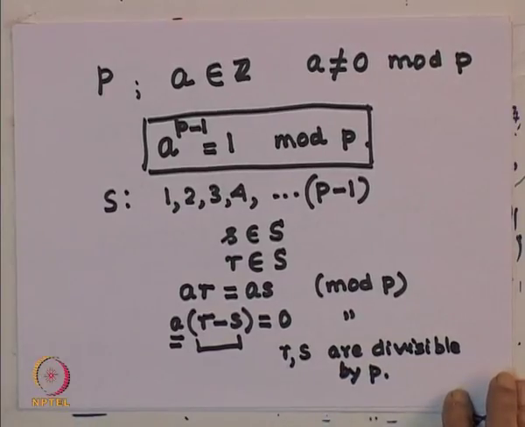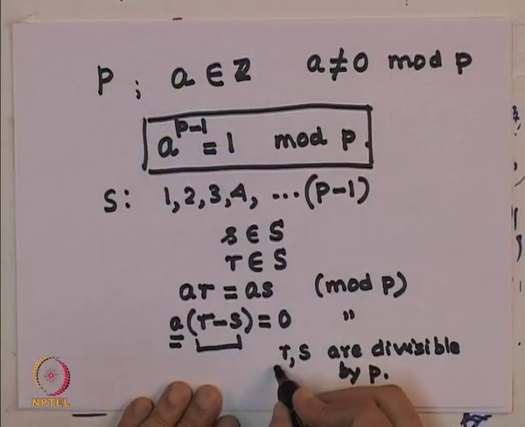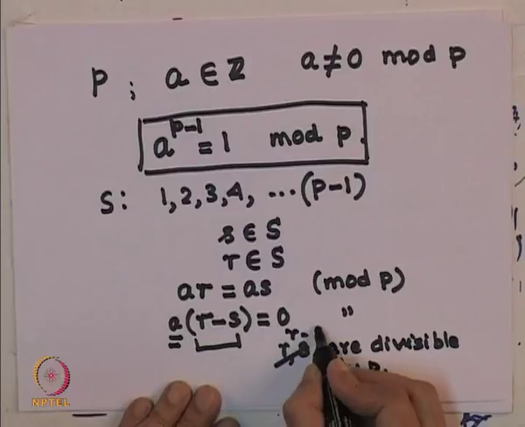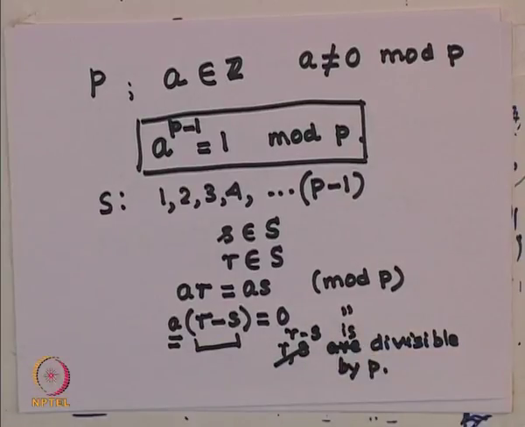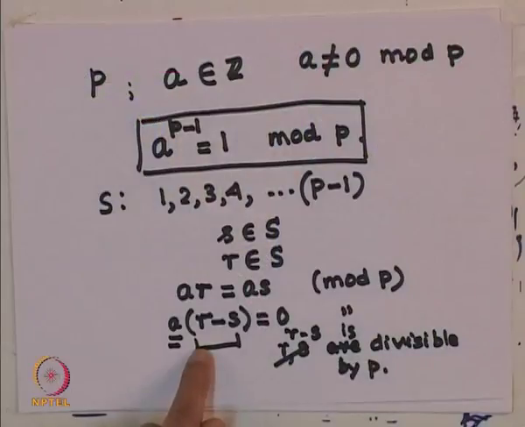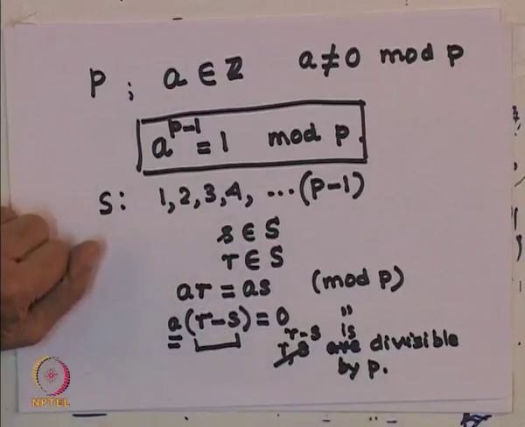I didn't mean r and s, I said r minus s is divisible by p. But we have already said that r and s are less than p. So therefore, this statement has no solution, unless of course r happens to be equal to s.